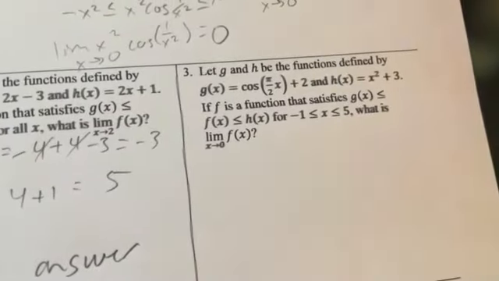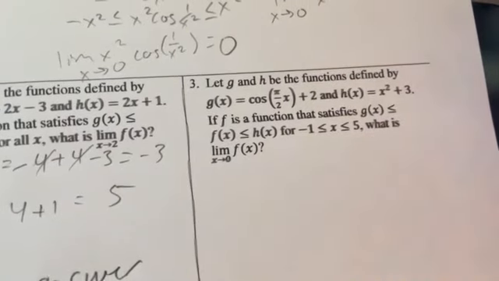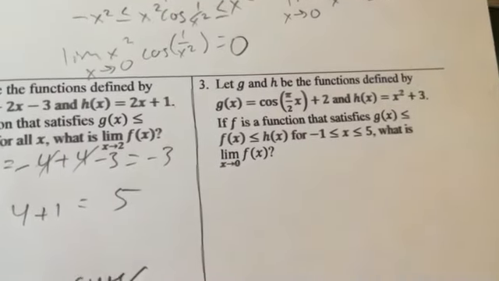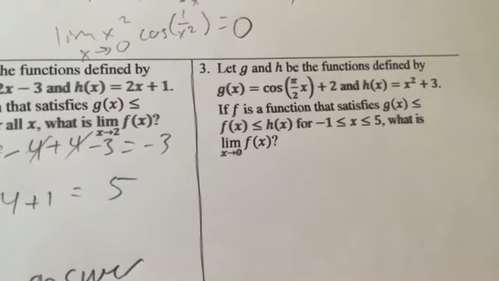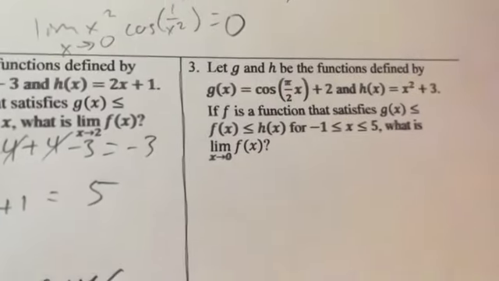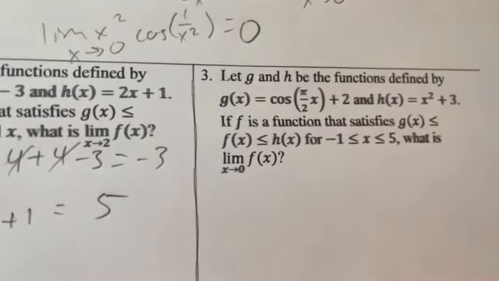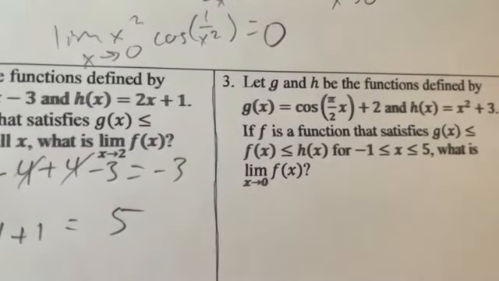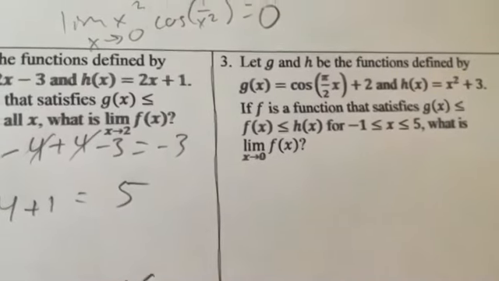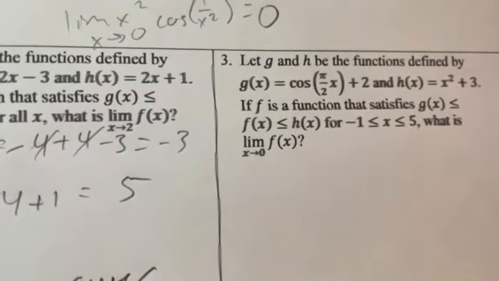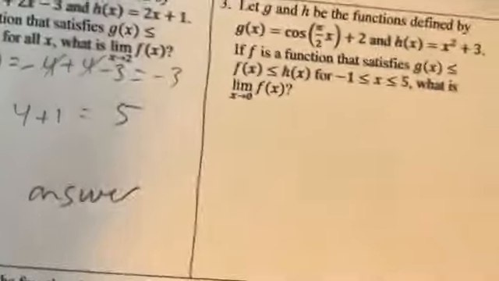Let g and h be the functions defined by g of x equals cosine of pi over 2 x plus 2 and h of x equals x squared plus 3. If f is a function that satisfies g of x is less than or equal to f of x is less than or equal to h of x for negative 1 is less than or equal to x is less than or equal to 5, what is the limit as x approaches 0 of f of x?